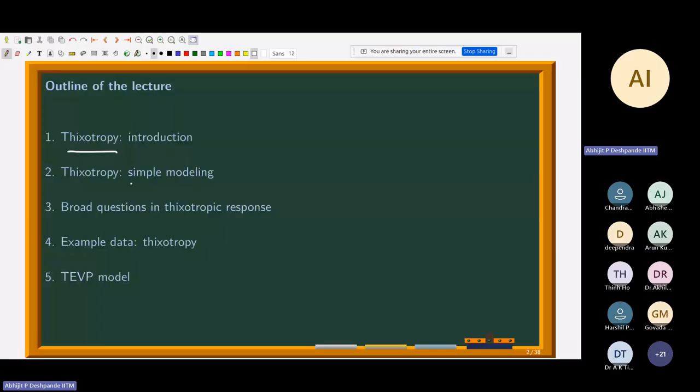Then I'll discuss a very simple model which describes the rheological response of a thixotropic material using one particular property. Many of you may not be used to this quantity, but it is called stress growth viscosity, or a stress growth experiment. This is slightly different compared to what you're used to.